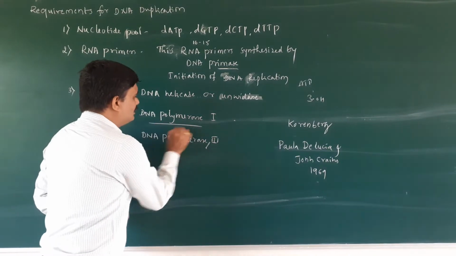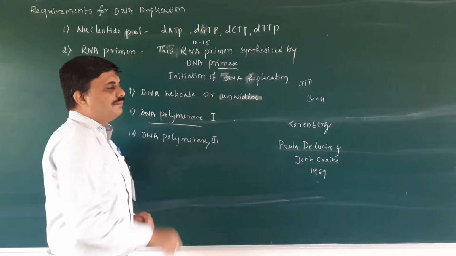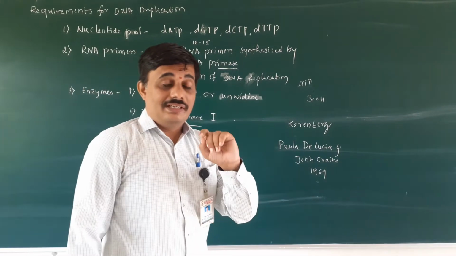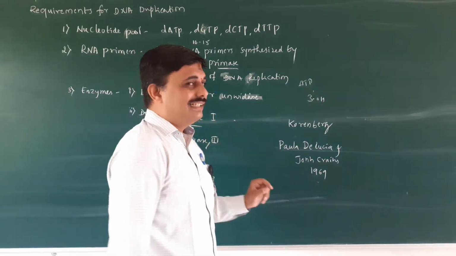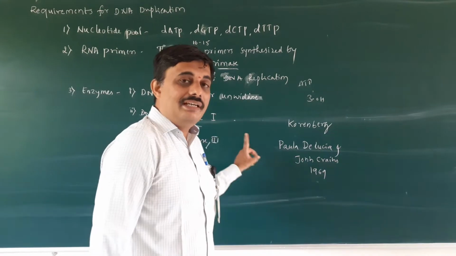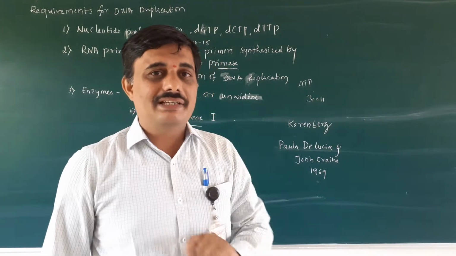Then what is the function of DNA polymerase 1? DNA polymerase 1 has two functions. The first one is proofreading activity. It has exonuclease activity.